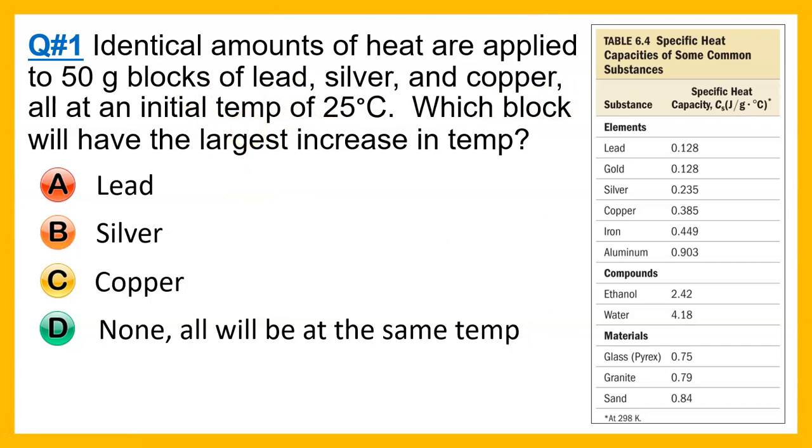We want to know which block is going to have the largest increase in temperature. Which one's going to heat up the most? We give it the same amount of energy. They have the same mass. They start at the same temperature, but they're not all going to end at the same temperature. Which one's going to heat up the most? Pause the video and think about it.